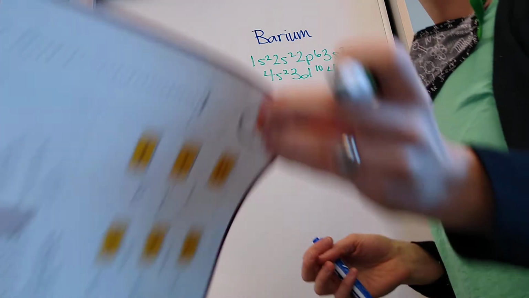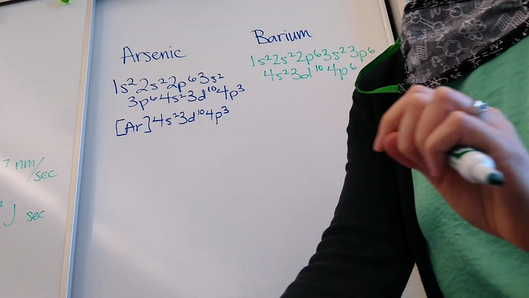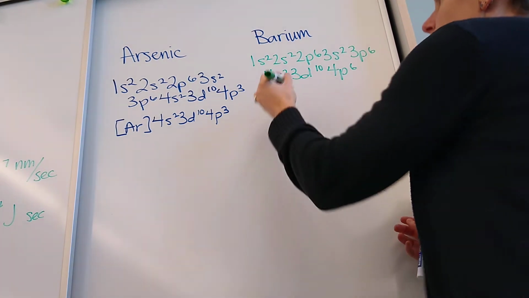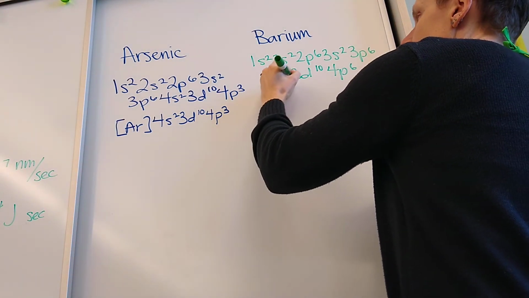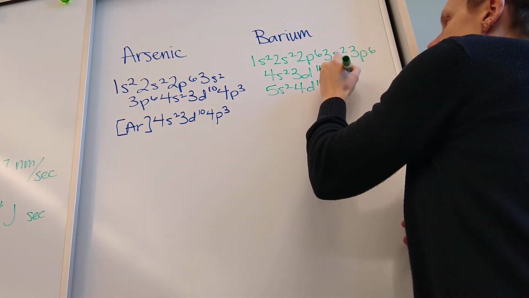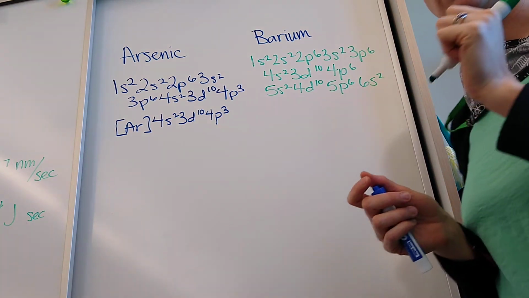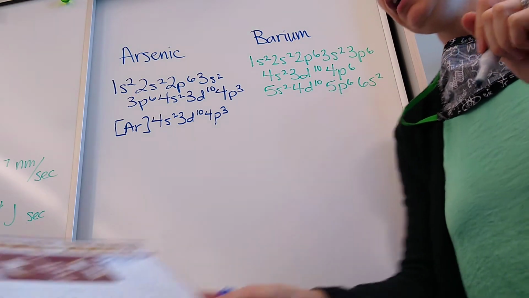Okay. Still going because barium's way down here in row 6, so we're going all the way to 6. Keep going. 5s2, 4d10, 5p6, and then 6s2. So super long, longest one we'll ask you to do there, okay?